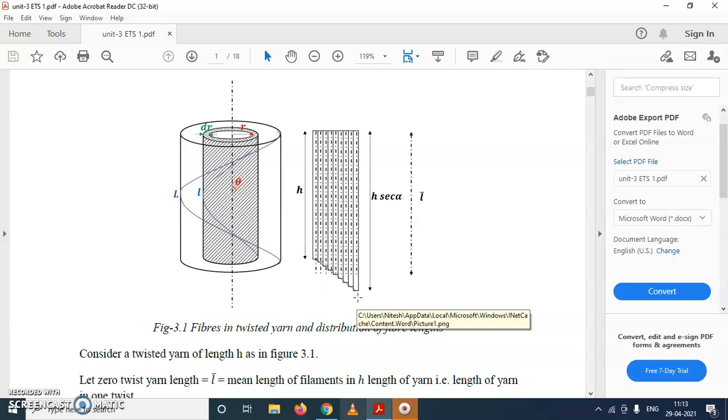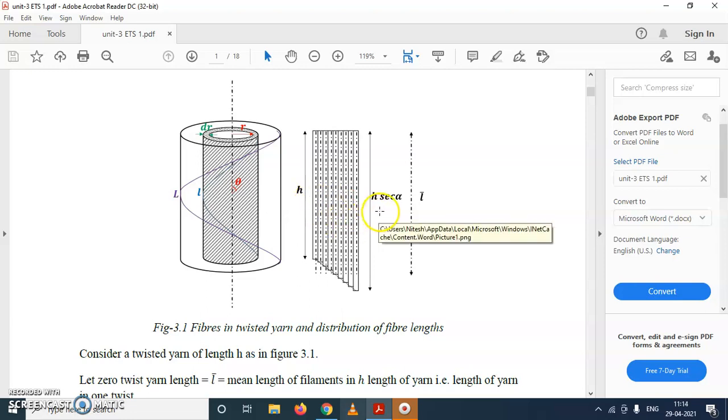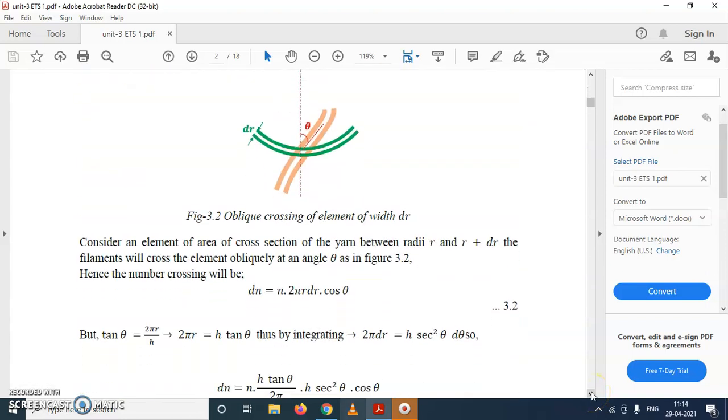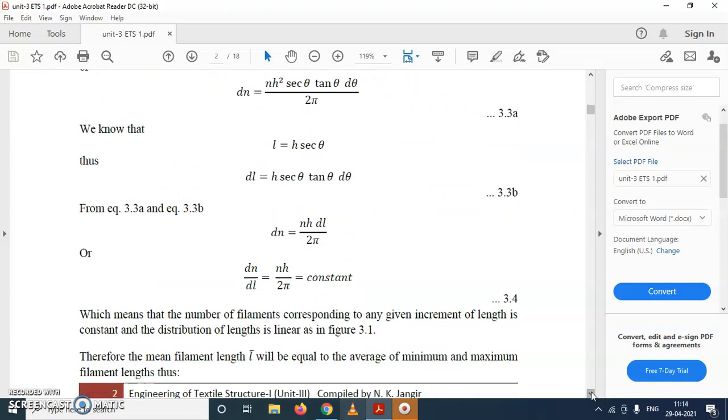As we go from center to surface, some amount of length will increase in case of filament. So if we take the average of these two numbers, that is H plus H sec alpha upon 2, and express that as average filament length, then now moving on to the definition of contraction factor.